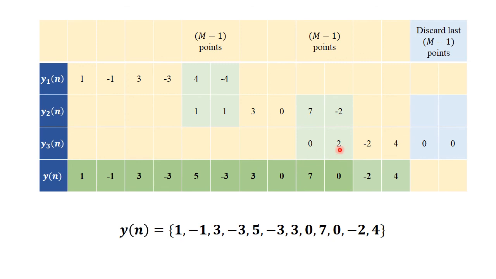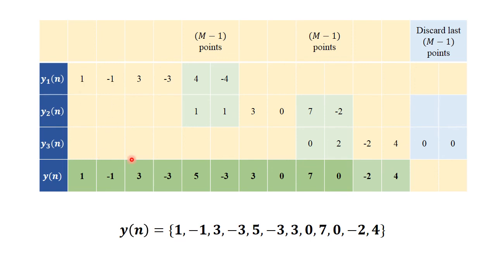Then y3 itself is the last sequence we are going to have. Therefore, last sequence last m minus 1 points, discard that one. That's applicable only to the last sequence. Last sequence, last m minus 1 points, discard them. Now add them together.